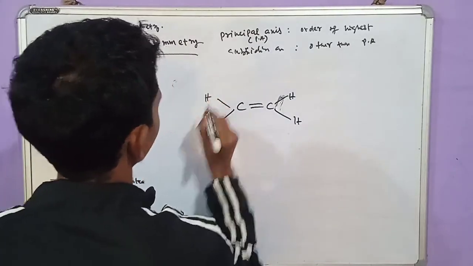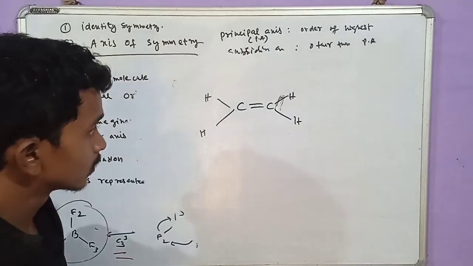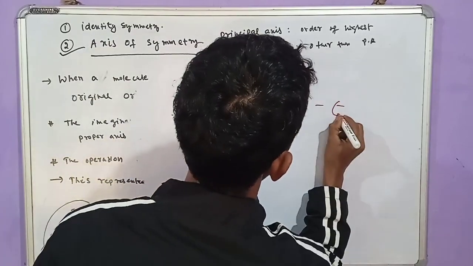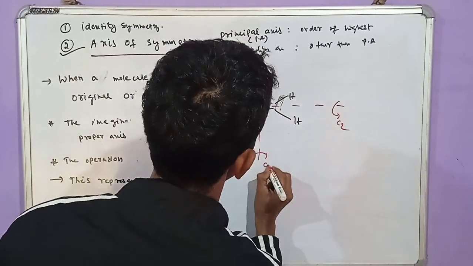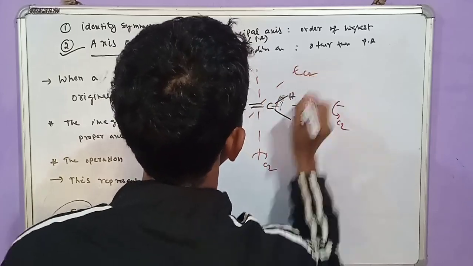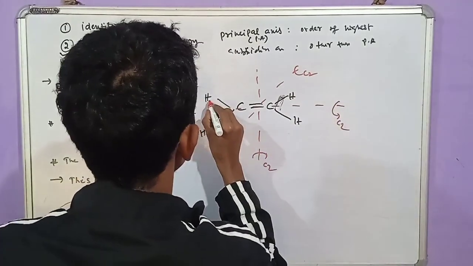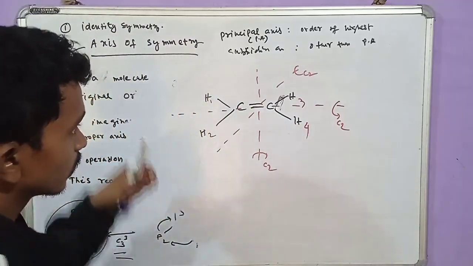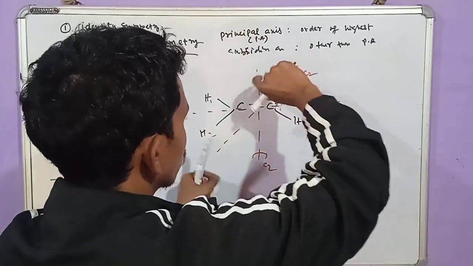Here C2 is present like this also. This is C2. Here also you can get C2, and if you pass here also, you get C2. C2 means 180 degree rotation. If you rotate, then this can exchange, and if you rotate like this, then also it can exchange, and like this, then also you can exchange.